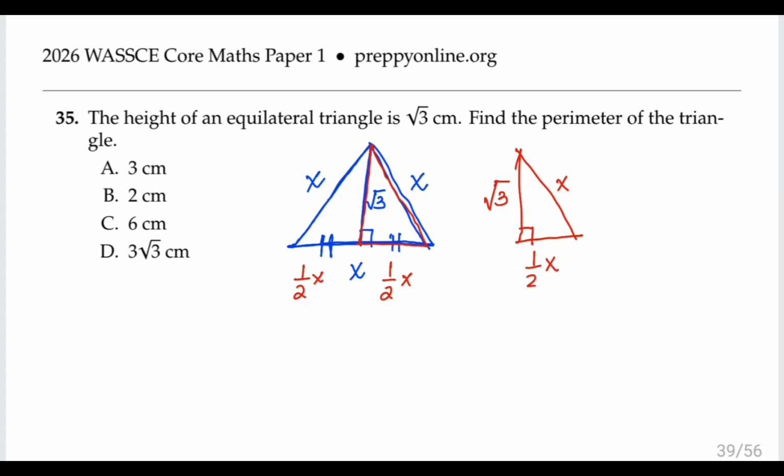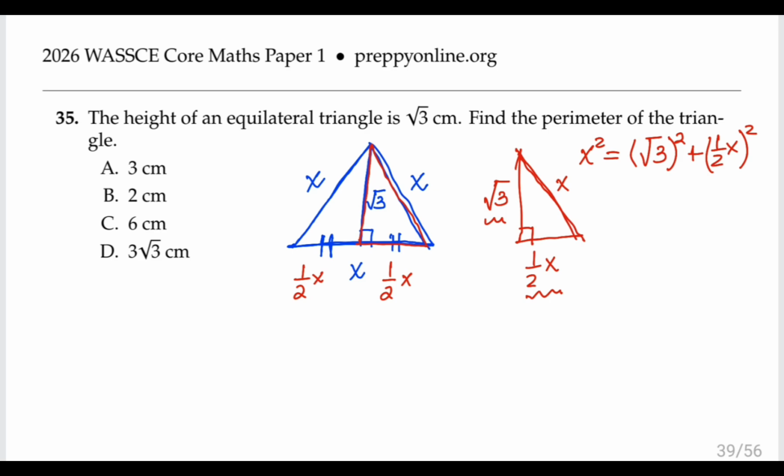So we can apply Pythagoras theorem, which says that the length of the hypotenuse, this side, if we square it, we get x squared. This is equal to the square of this, which is square root of 3 squared, plus the square of this, which is half x squared.